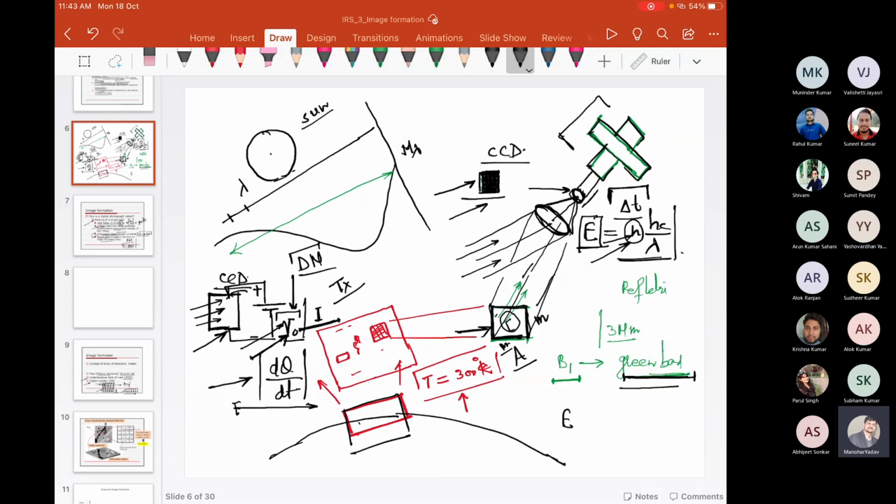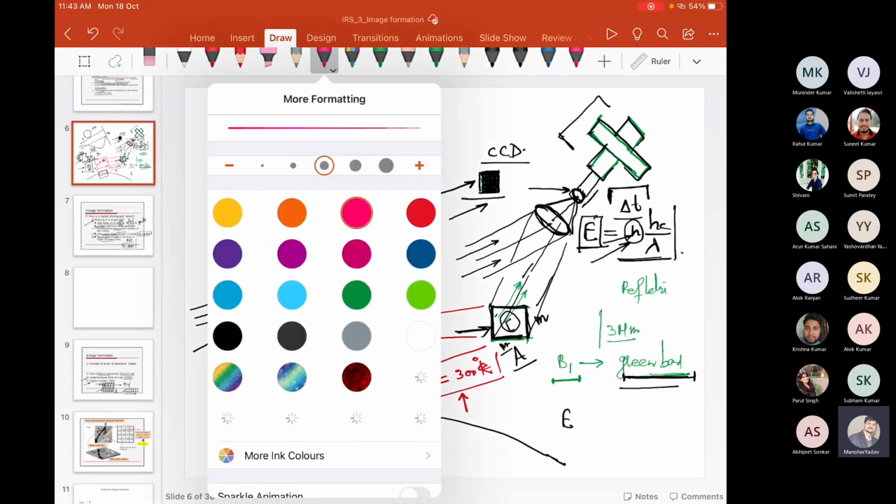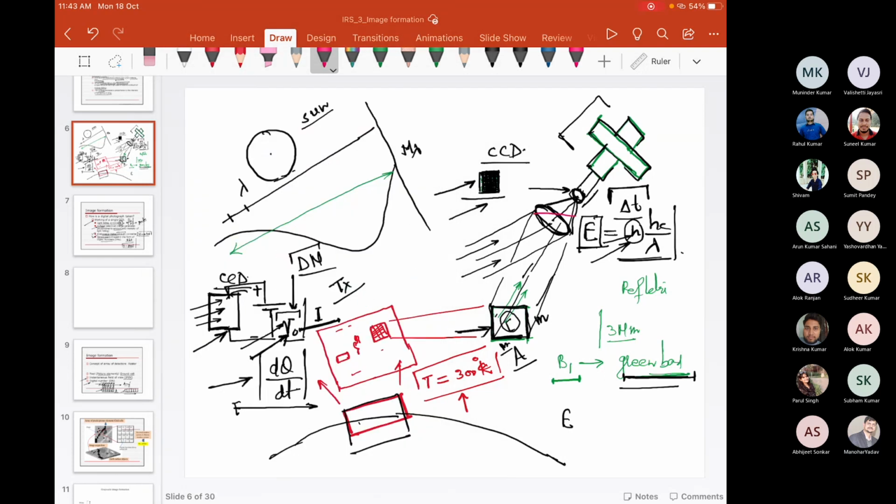If you rotate the mirror, say to this position, what will happen? Its focus will change. Now it is focusing to the adjacent grid to the previous one.